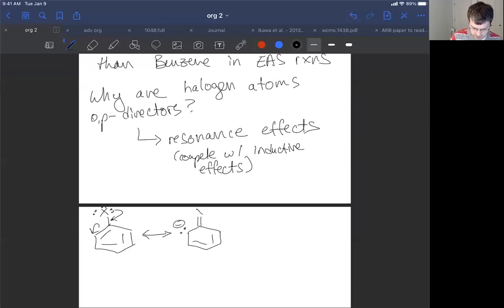Now, we've done this resonance description before, just not with a halogen atom. We have charge separation. We have a second best resonance structure, but we put the negative charge on the ortho position. That tells us right away that ortho products will form. We can push the negative charge through to the para position. That's going to tell us that para products can form.